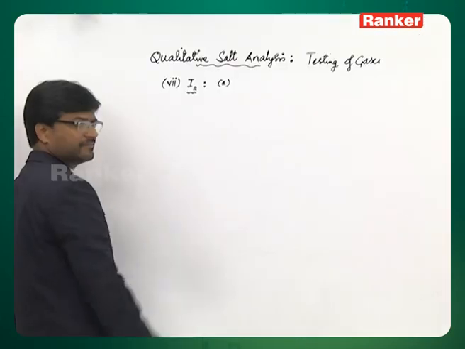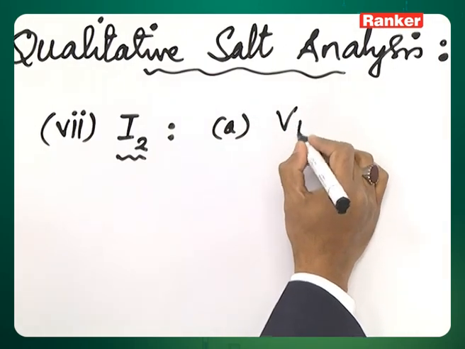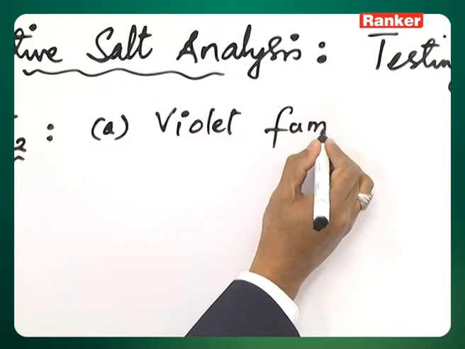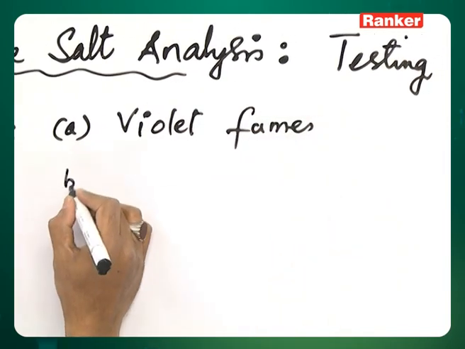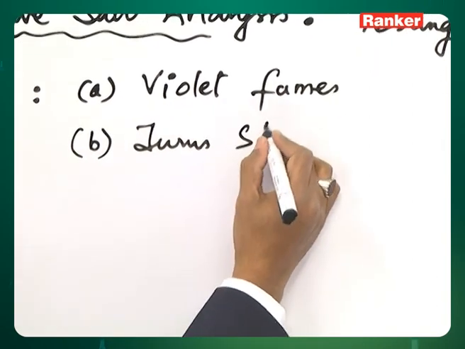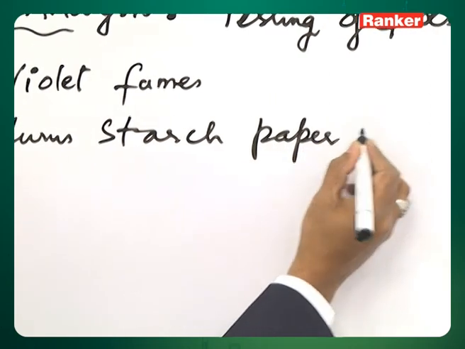Testing of iodine. Iodine appears as violet fumes. It turns starch paper blue.